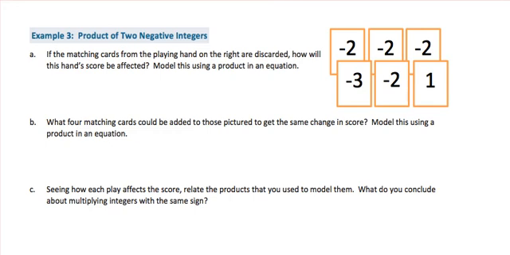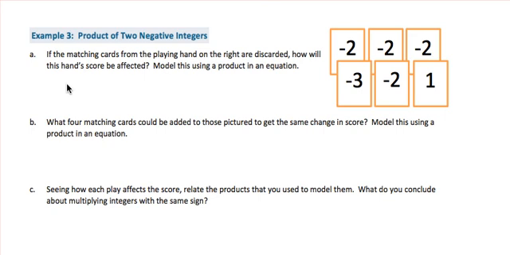Now if we look at example 3, if the matching cards from the playing hand on the right are discarded, how will this hand's score be affected? And we would model that using an equation. So all of our matching cards would be the negative 2s, and there are 4 of them.